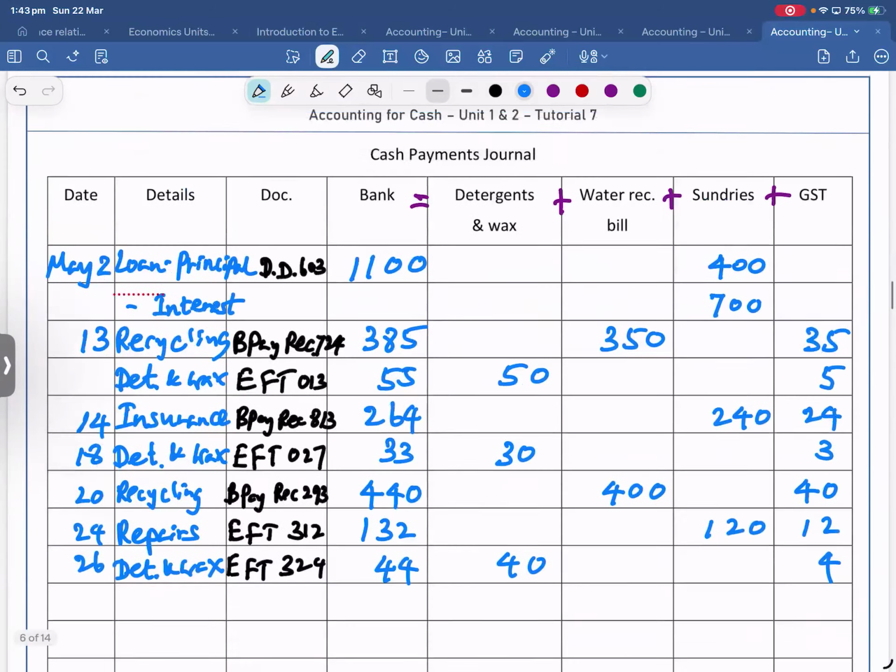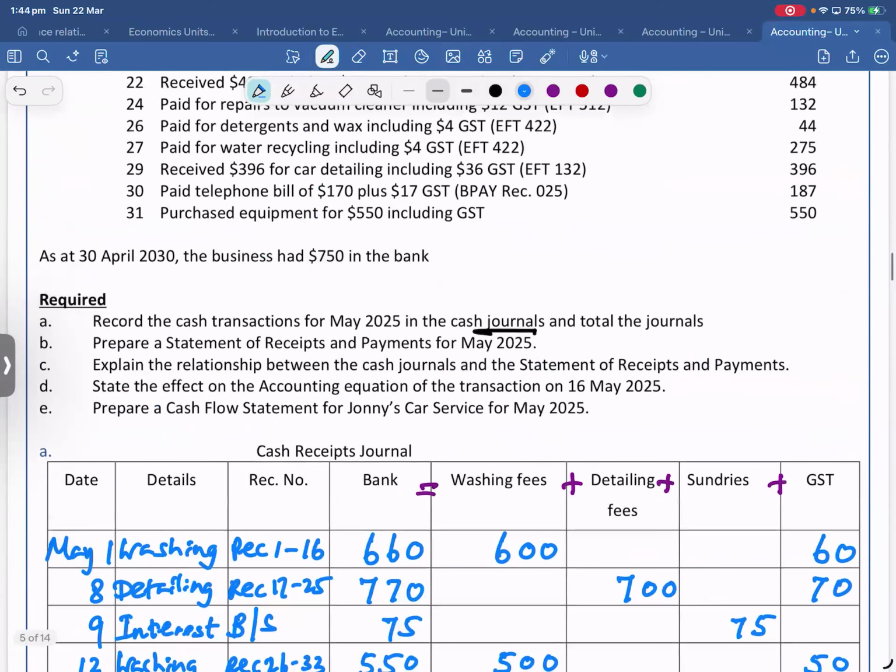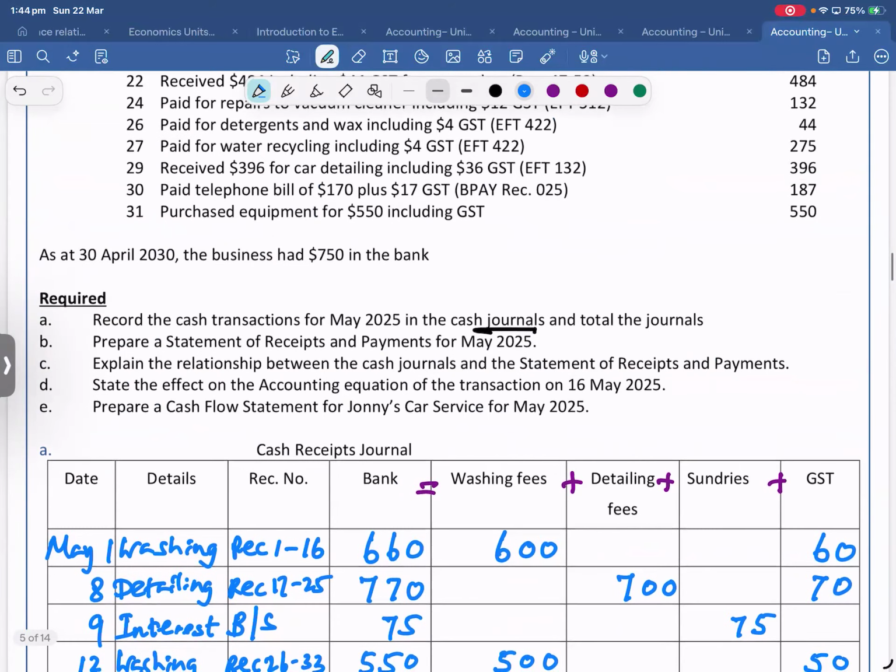Right. Next one. 29th received theatre 396 for car detailing. EFT 132. Right.